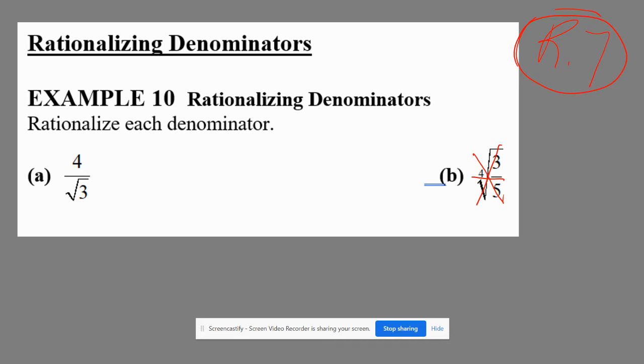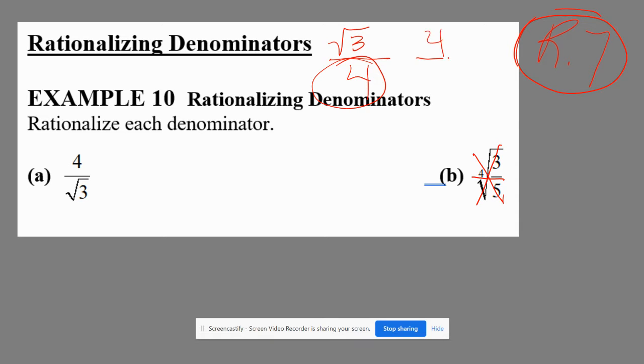Welcome back, everybody. We're going to finish up R.7 today with rationalizing denominators. We're not allowed to have square roots or any type of root in the denominator of a fraction. And the reason why is because if I had the square root of 3 over 4, well, I know how to cut a pizza or a pie or a board or whatever it is that we're looking at into 4 pieces.